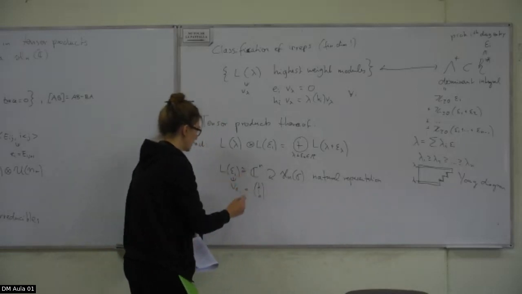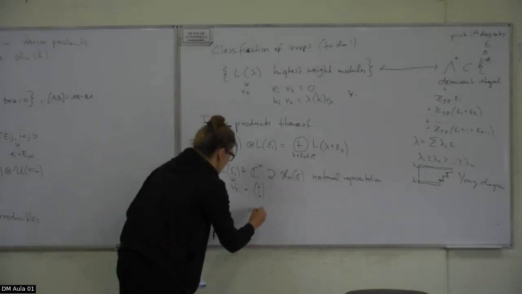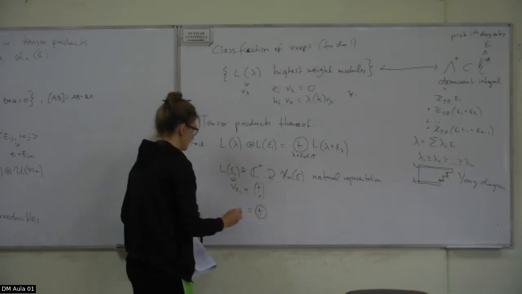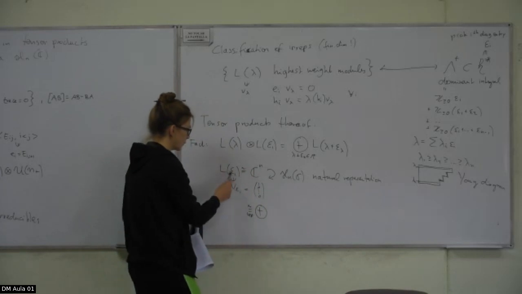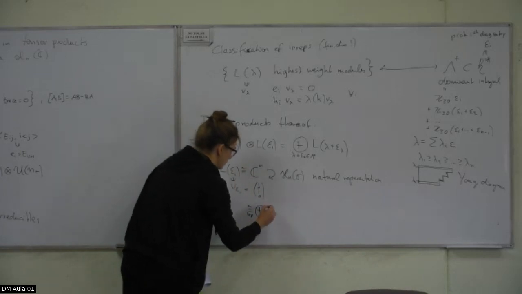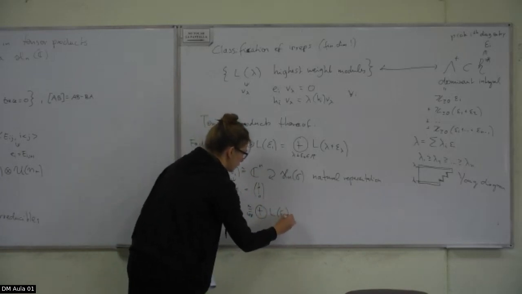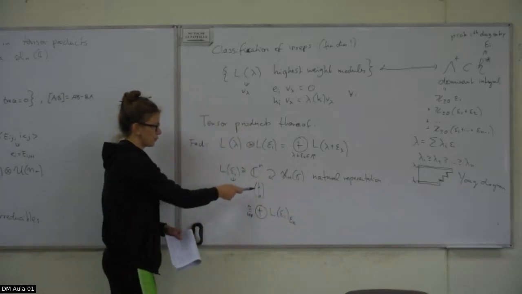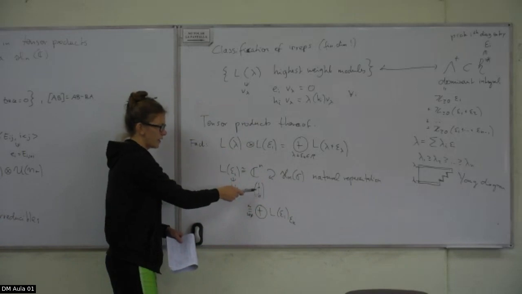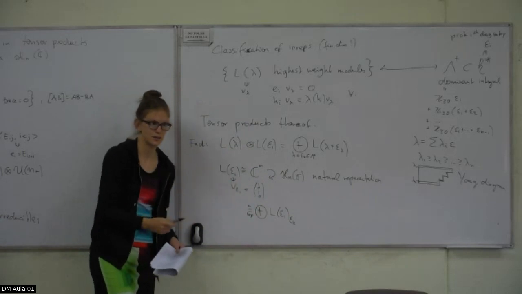Maybe let me also say that the weight decomposition, just as a vector space, decomposes into one-dimensional weight spaces that are labeled by the epsilon k, which are just given by the k-th standard basis vectors and their spans.